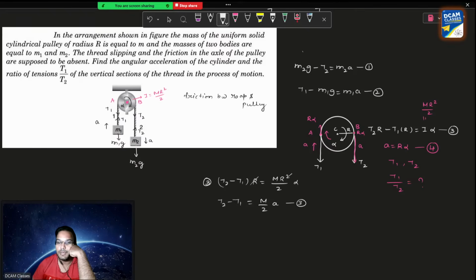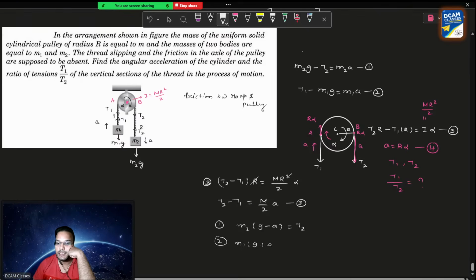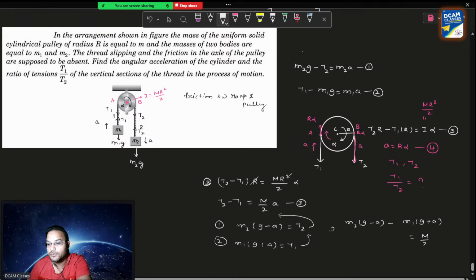Now from equation 1, I can write m2 into (g minus a) is equal to T2. From 2, I can write m1 into (g plus a) is equal to T1. I'll put these in this. So I'll get m2 into (g minus a) minus m1 into (g plus a) is equal to m by 2 into a.